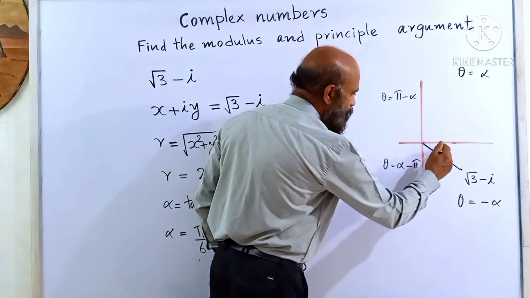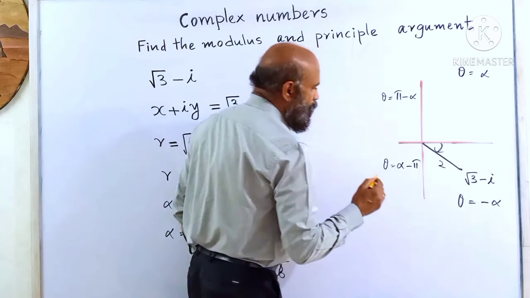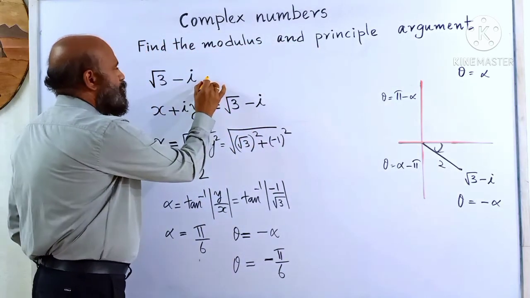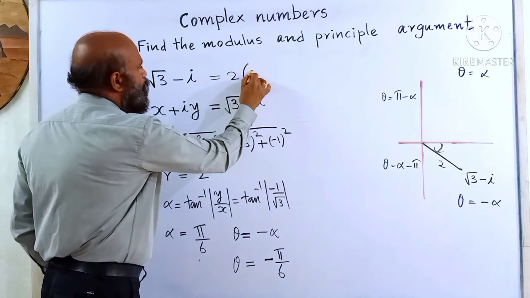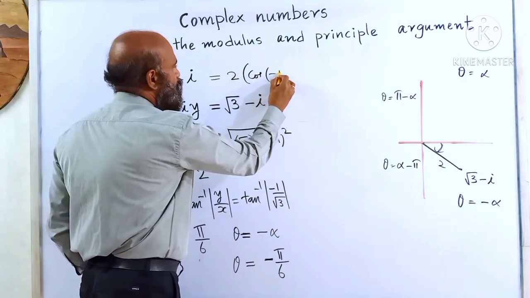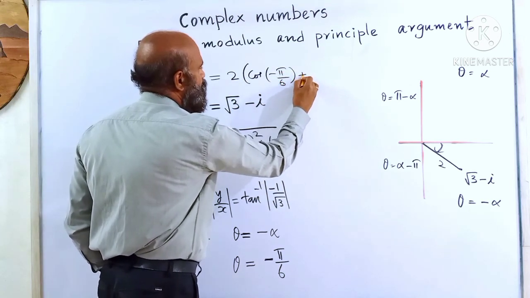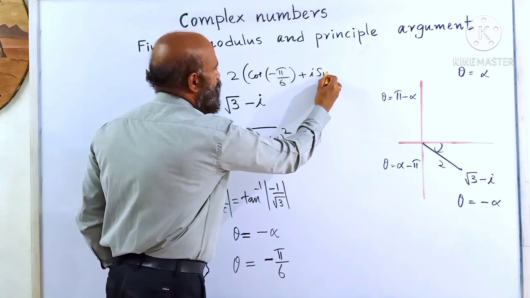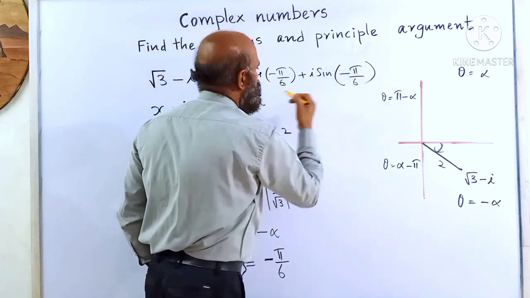The modulus is 2. So the given complex number can be written as 2 cos minus pi by 6 plus i sin minus pi by 6.